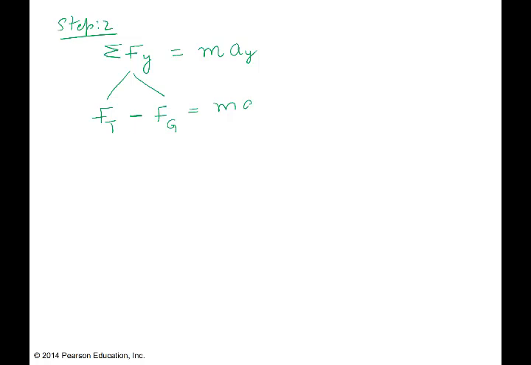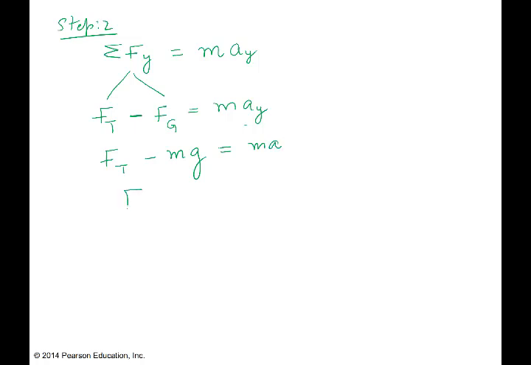So Ft minus Fg, where Fg can be written as mg, with m the mass of the car being lifted and g the acceleration due to gravity, is equivalent to ma.